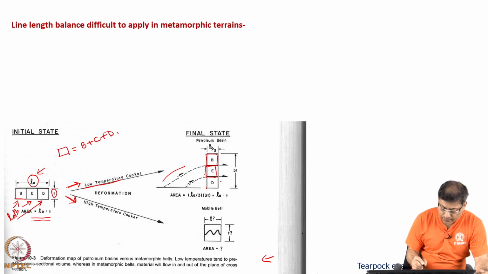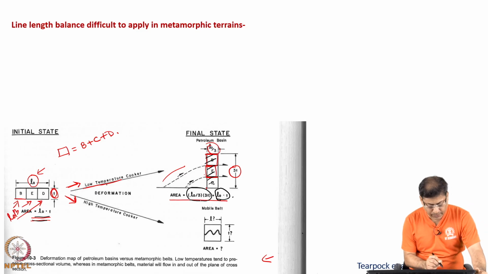This T length is added up 3 times, so it is 3T, and L0 by 3 is this particular length. So, the total area is given by L0 by 3 multiplied by 3T, which is L0 multiplied by T, which is the same as the starting area.